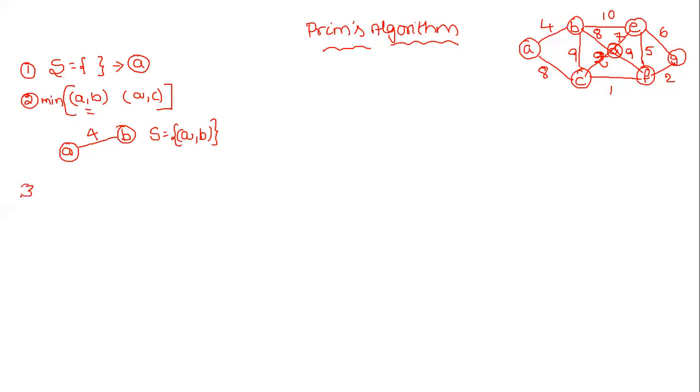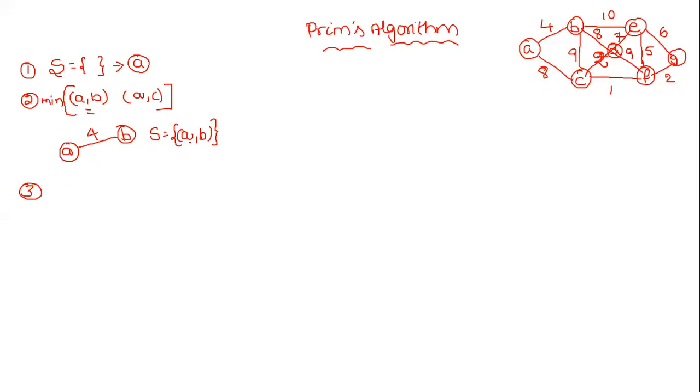In the third step, this is the important point, and there is a chance for a mistake. Here we will traverse from A to B. Then generally a student will check the adjacents of B only, but that is not correct.